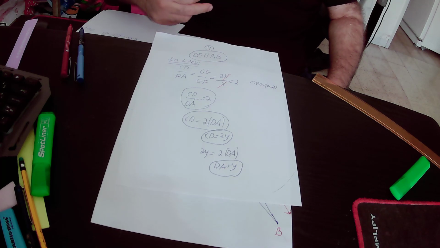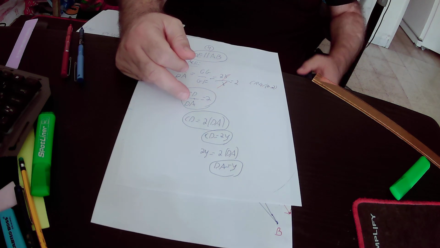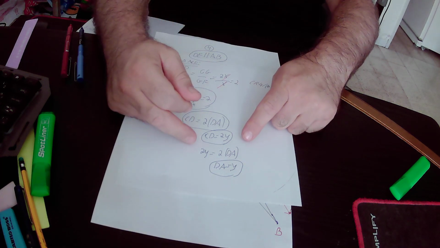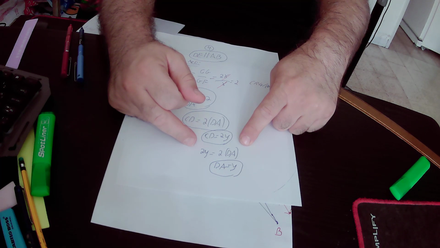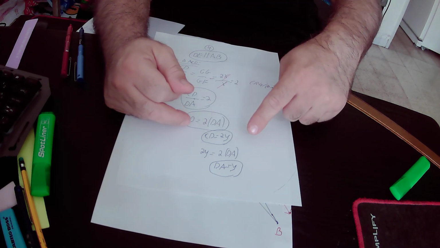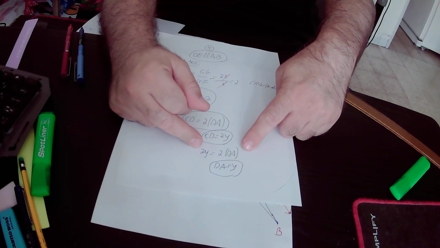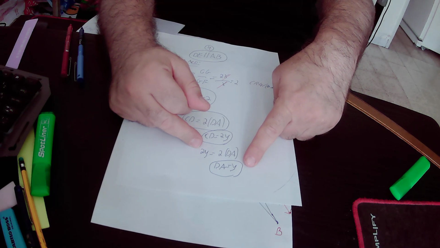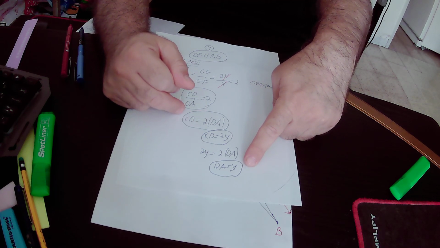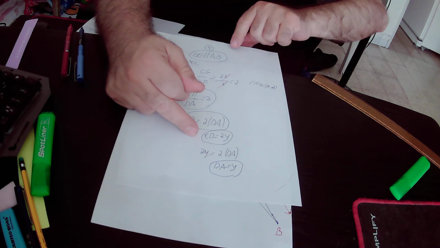So if we define CD as 2y, then 2y equals 2 times DA. Here we will divide this equality by 2, and we will get that DA equals y. So we actually found out that if CD equals 2y, then DA equals y.